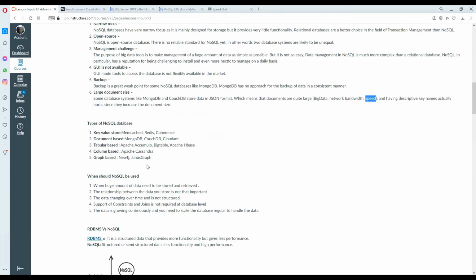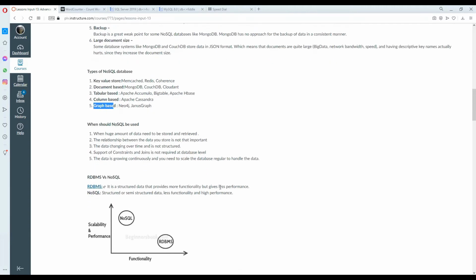Types of NoSQL database: we have five here, but there are actually more types. The three most common are key value store, document based, and tabular based. We also have column based, which is based on tabular, and then we have graph based.